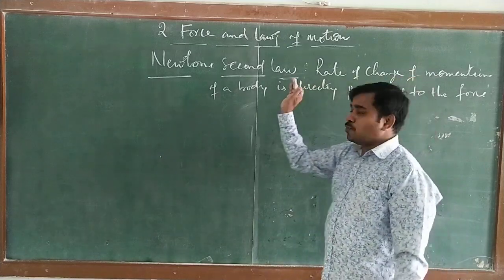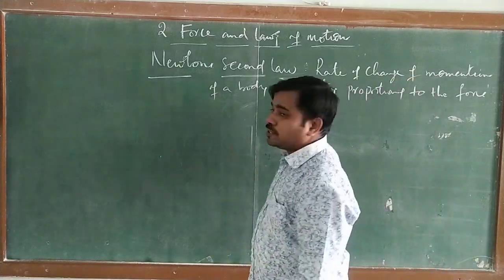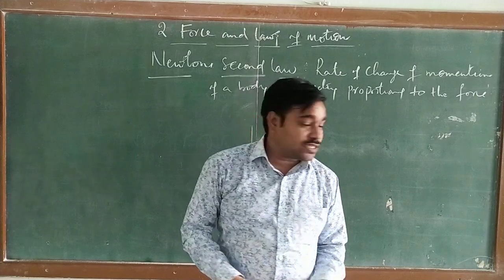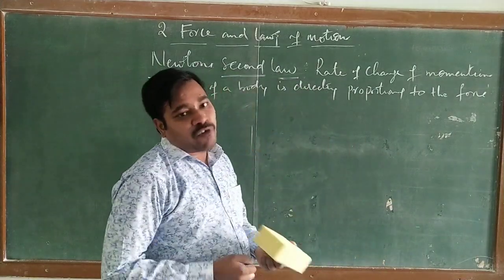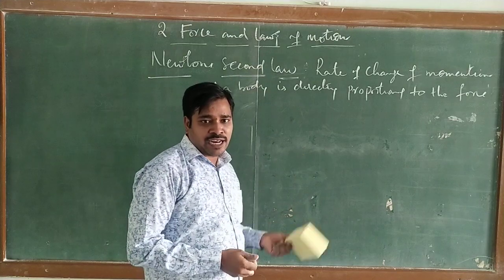So the rate of change of momentum of a body is directly proportional to the force acting. We are going to derive the formula for Newton's second law and see how we can measure force.